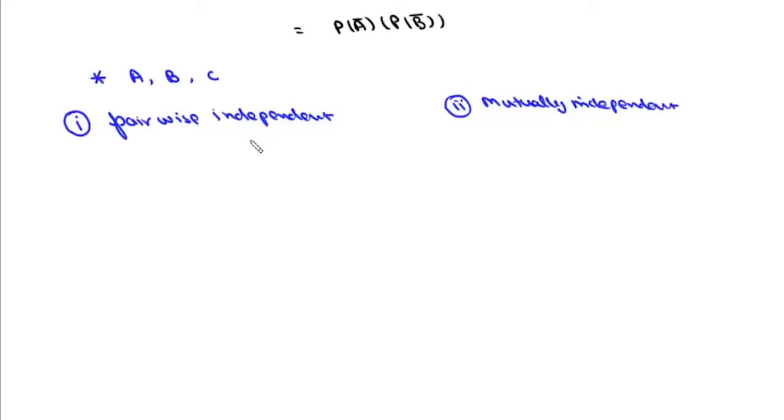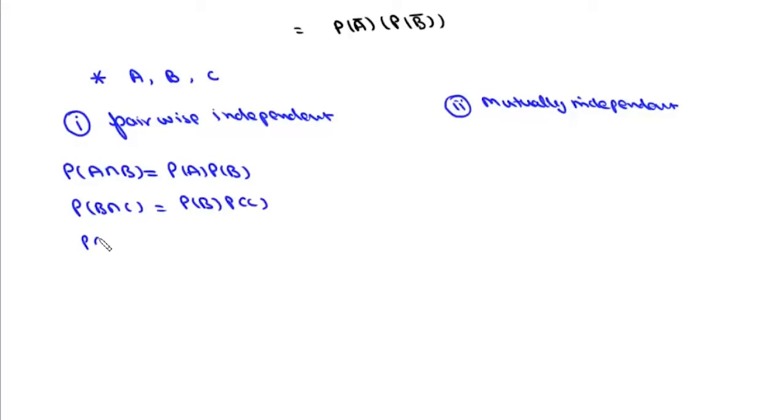If A, B, C are pairwise independent, that means each pair is independent. So probability of A intersection B is probability of A into probability of B. Probability of B intersection C is probability of B into probability of C, and probability of C intersection A is probability of C into probability of A.